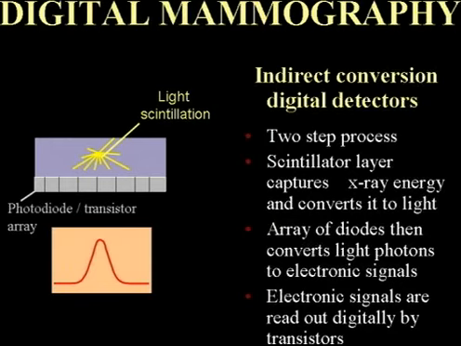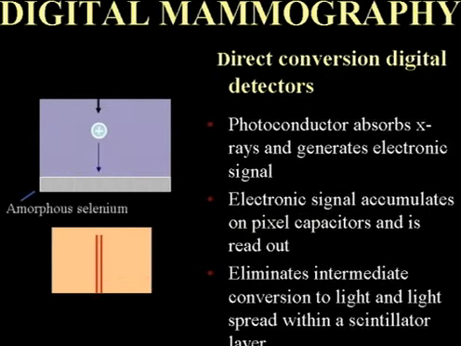And so manufacturers were interested in eliminating that intermediate conversion to light. And that was really the impetus behind developing the direct conversion digital detector. Here, you're going to use a photoconductor, an element that can directly absorb X-ray information and cause a chemical change in the detector that will be read out as electronic information without an intermediate conversion to light step.